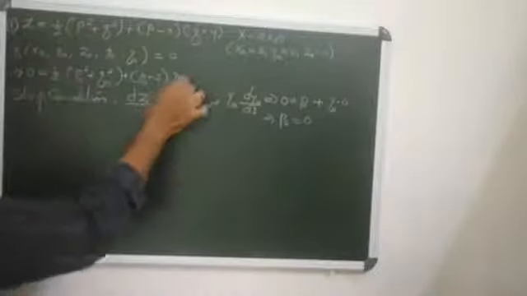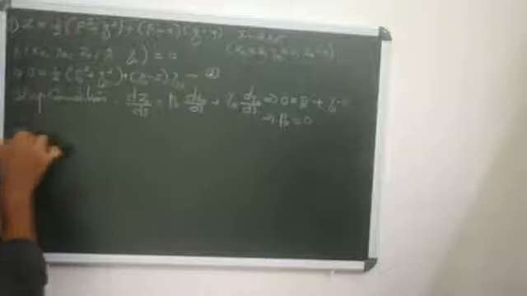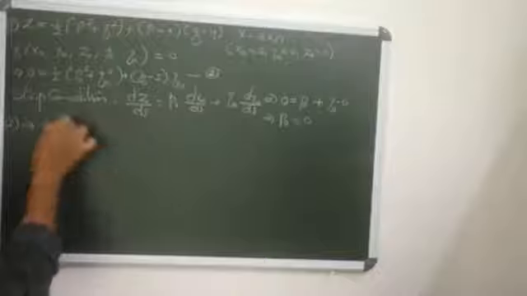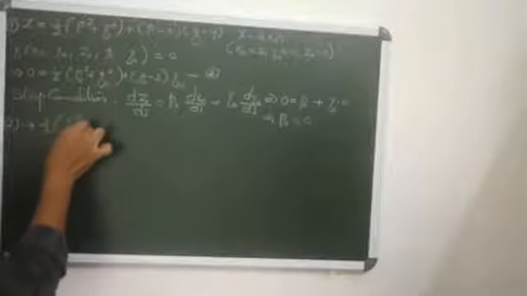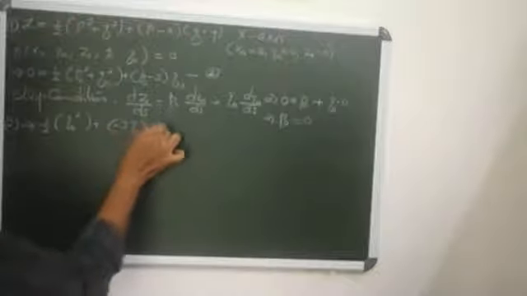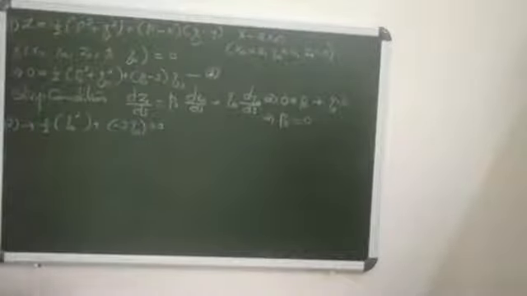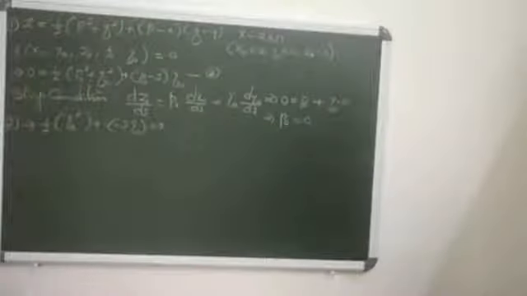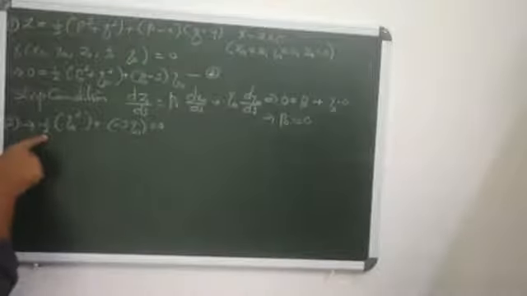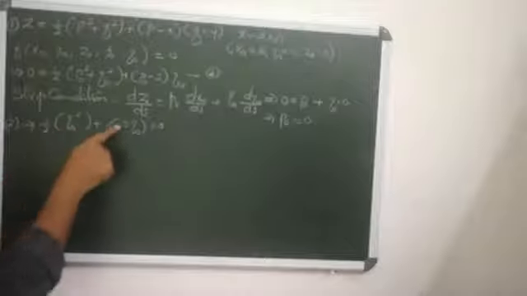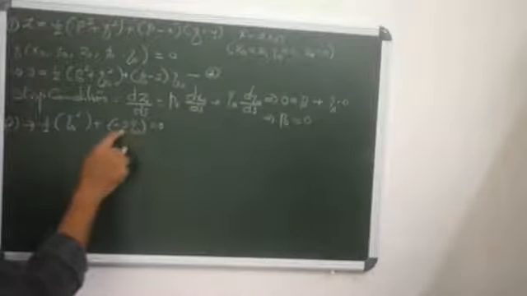Therefore, equation 2 gives half of q_0 square plus (p_0 minus s) into q_0 equals 0. Agreed. From here p_0 equals 0, and again by using equation 2 we can find the value of q_0. When p_0 equals 0, equation 2 becomes half q_0 square minus s q_0 equals 0.